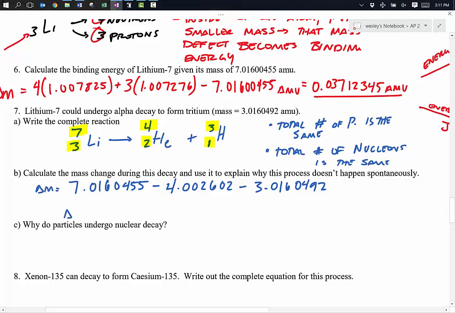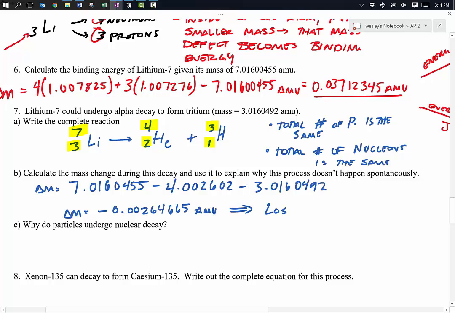That's going to give me my change in mass. My change in mass here comes out to be a negative number, negative 0.00264665 AMU.